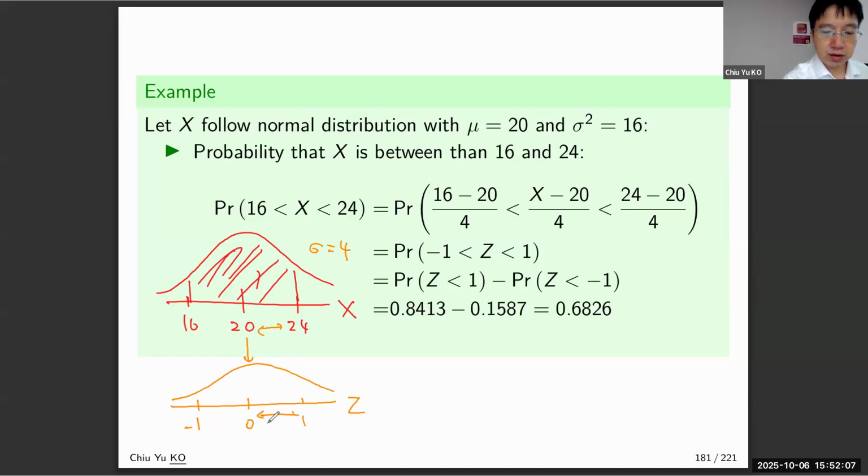This is 1 SD, and this is also 1 SD. The area of the middle is the area from the left of 1, minus the area less than -1. The difference will be in between.